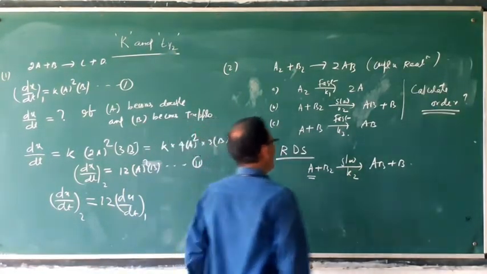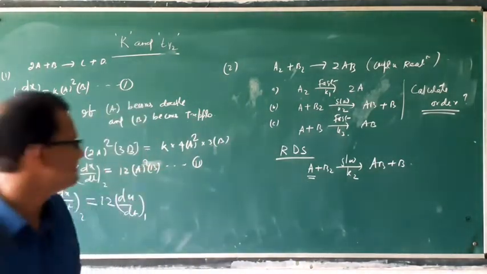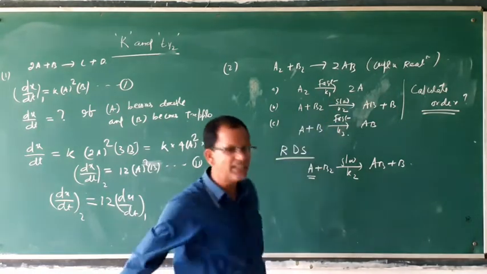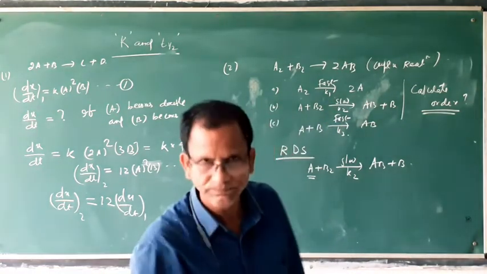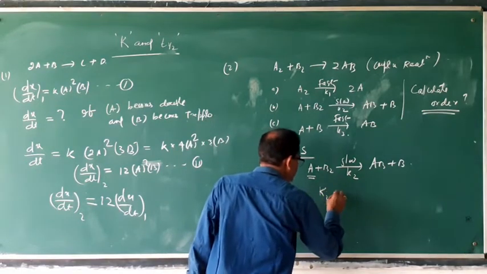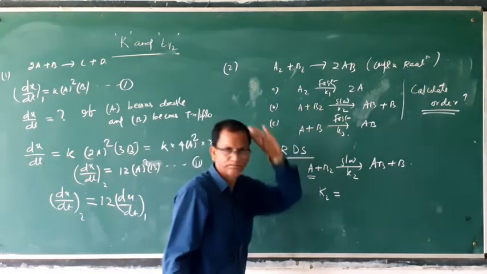So, K2 is called the equilibrium constant, you can say. As it is step by step, each step is considered as an equilibrium. So, what is the expression of K2?